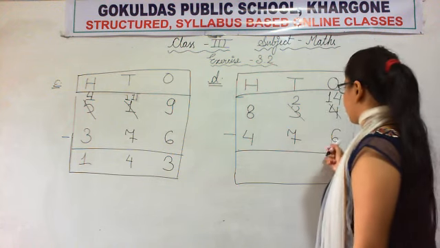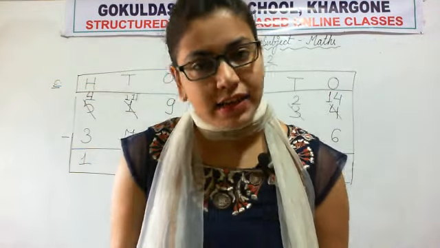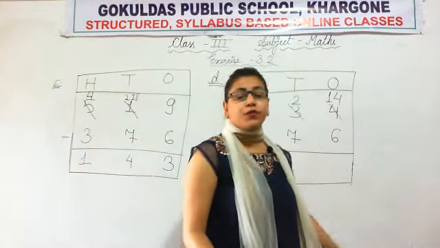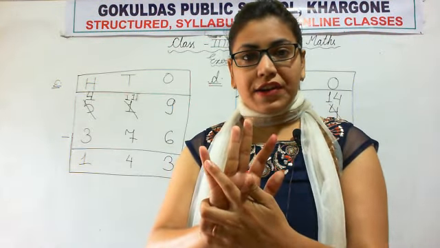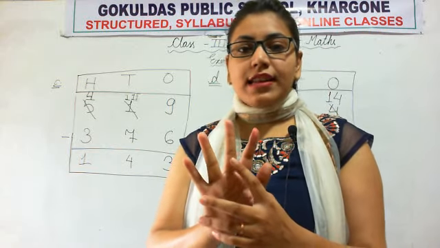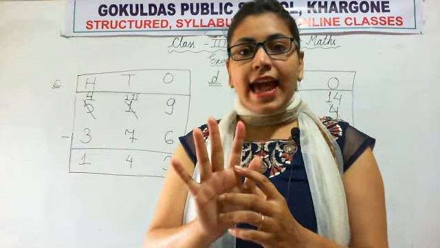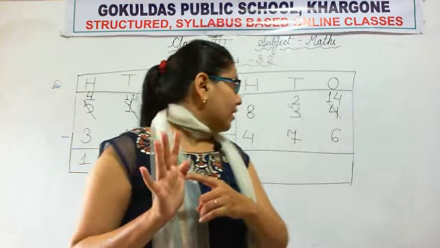Now can we remove 6 from 14? Yes, so let us remove. First, let us count 14 finger marks: 1, 2, 3, 4, 5, 6, 7, 8, 9, 10, 11, 12, 13 and 14.